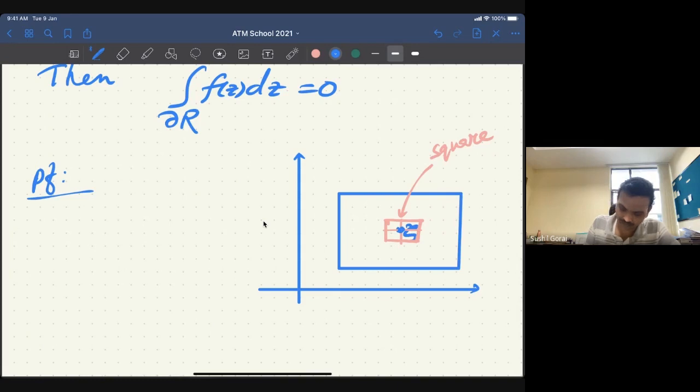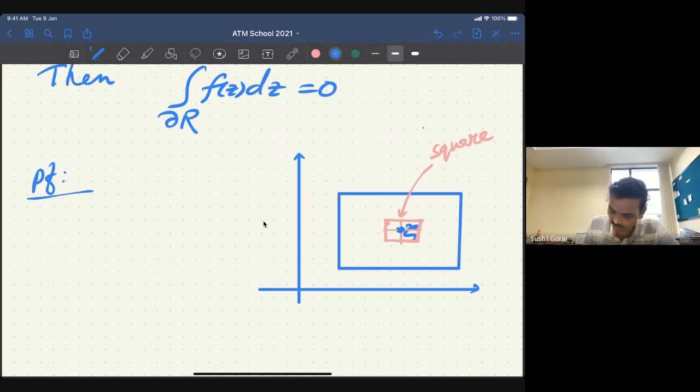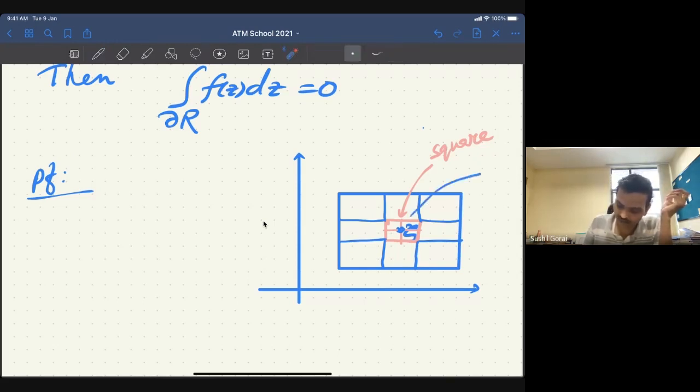Then we just divide the rest in terms of rectangles, like this, like this, like this. Now for all other rectangles, f is holomorphic, so they don't contribute to the integral. Only this square can contribute to the integral.